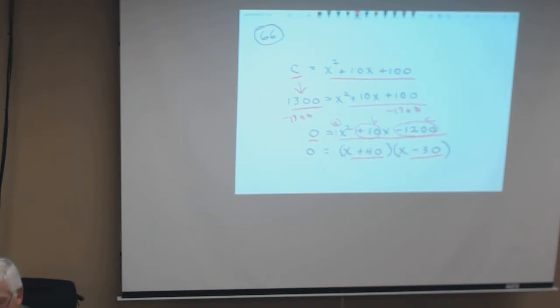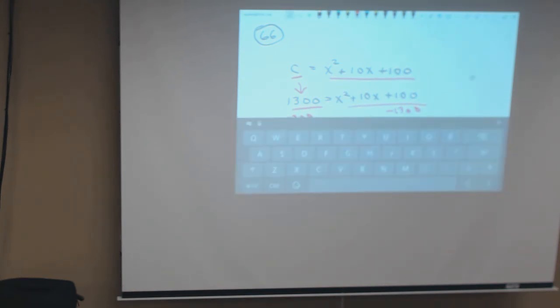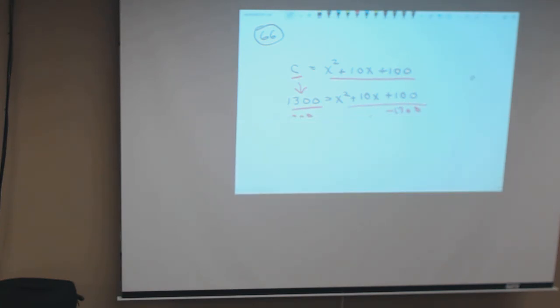If you don't see that, then just use your factoring on the computer to plug in A, B, and C, and it'll pop up there and it'll show you those are the two factors. So it's either negative 40 or 30, and it can't be a negative number, so it has to be, what are we looking at, 66? How many customers did we have? 30 customers.